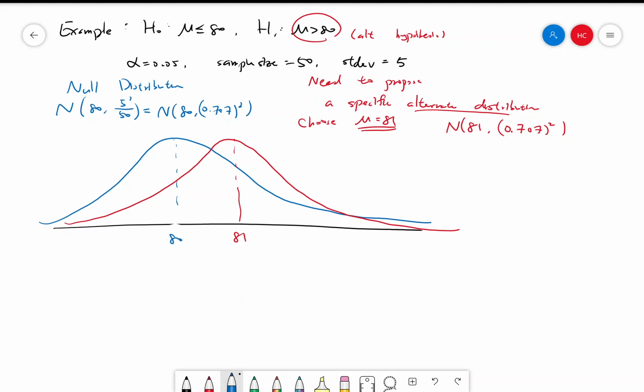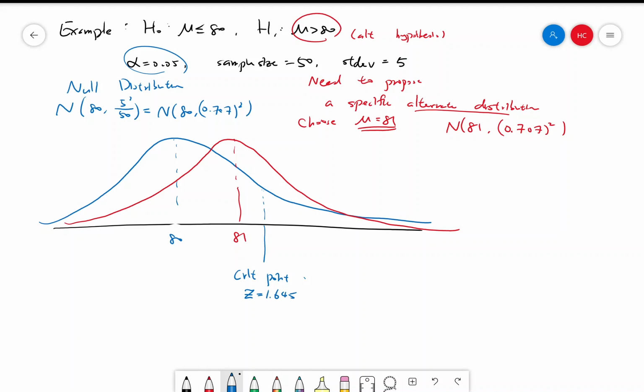Alright, so to calculate power, first we find the rejection region. Technically, we first find a critical number, which is about here. Because alpha is 0.05, the critical point is the value that leaves a tail with area 0.05. The critical point gives you the z-value equal to 1.645.